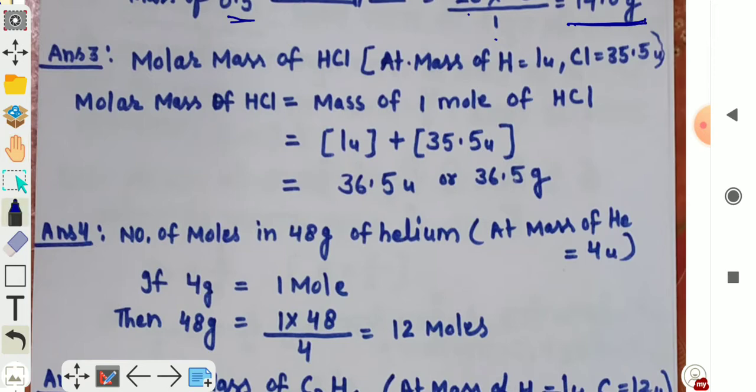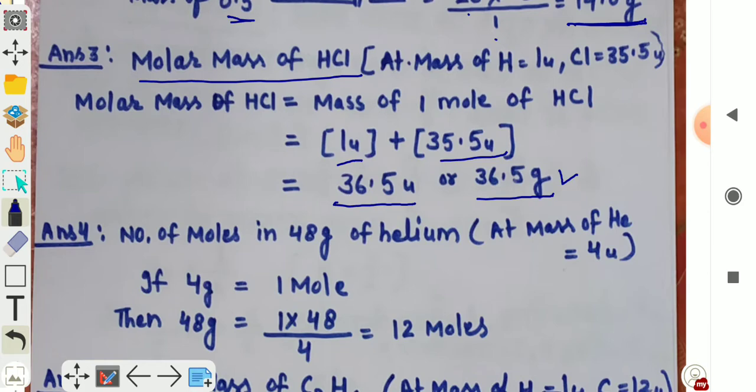Mass of hydrogen is 1 U while the mass of chlorine is 35.5 U. We will add these two, we will get 36.5 U, or when we represent it in gram, 36.5 gram is the molar mass of HCl.